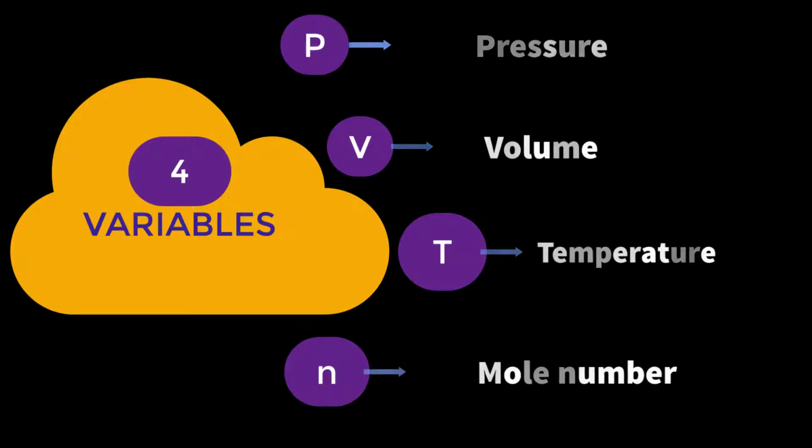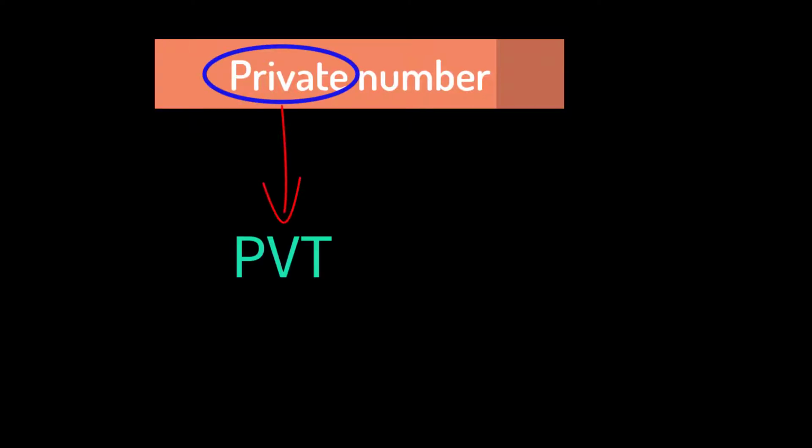There is a shortcut trick to remember these variables. We have to remember the word private number for this trick. The short form of private is PVT and we can take small n as a short form of number.